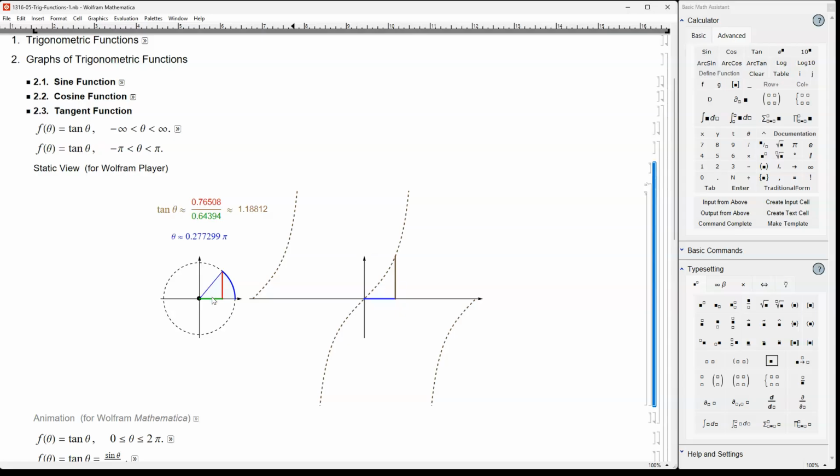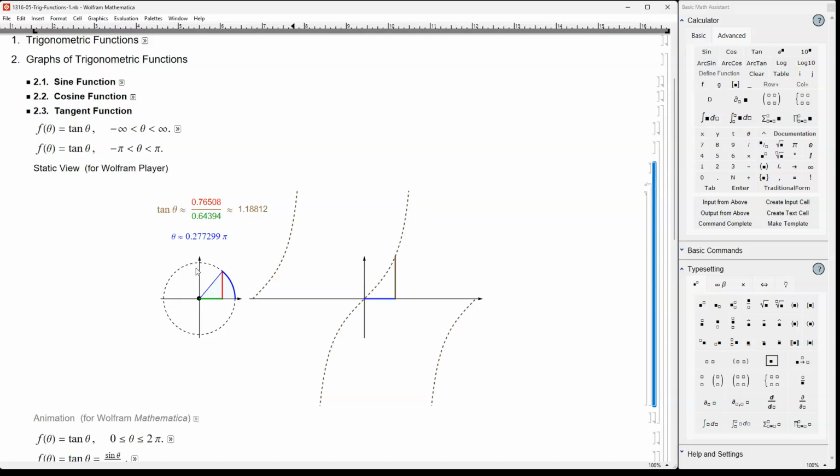Vertical over horizontal, and when the angle is 0, then vertical is 0, while horizontal is the same as the radius. So we begin from 0 and increase, and if this triangle here gets very close to the y-axis and becomes very close to the vertical line segment, we have something very close to 1 over infinitesimally small, so it blows up to infinity.